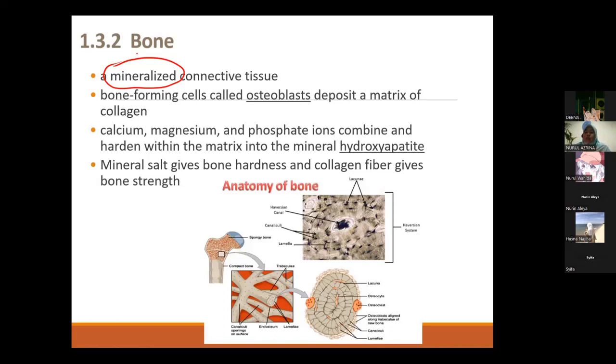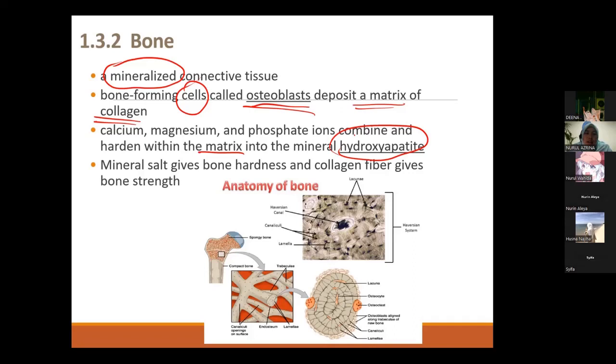So bone is a mineralized connective tissue and it has a bone forming cell known as the osteoblast. This osteoblast secretes matrix containing collagen fiber, so in the matrix there is collagen fiber deposited by the osteoblast. The minerals, calcium, magnesium, and phosphate ions, combine together and harden within the matrix into a mineral we call hydroxyapatite.